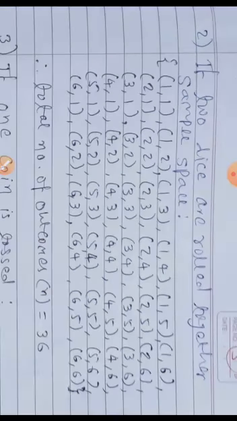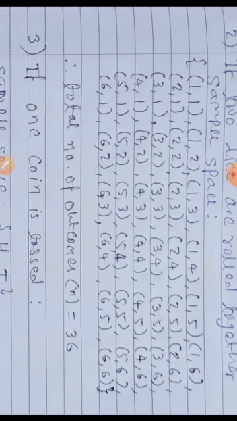This is how you write the sample space of two dice. Only this way you have to write it, not in one line. Write it as a square box of outcomes, line by line. So the total number of outcomes is n equal to 36. We will talk about this elaborately whenever we do questions related to two dice.